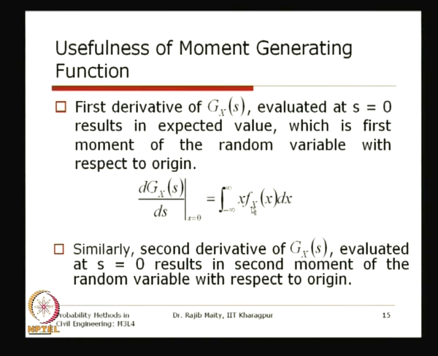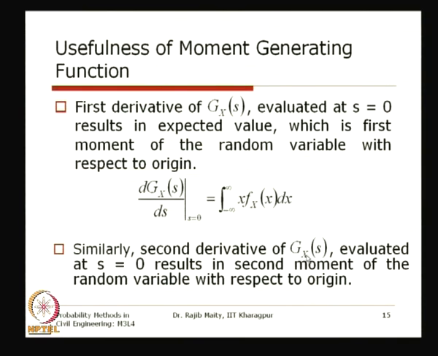So that is 1 multiplied by f_X(x) dx. This function is nothing but the first moment of the PDF. So when we take the first derivative, the resulting function is the first moment with respect to the origin.